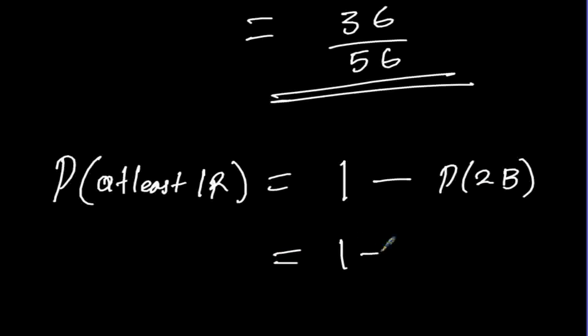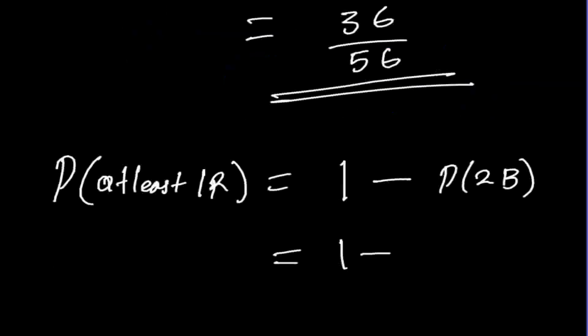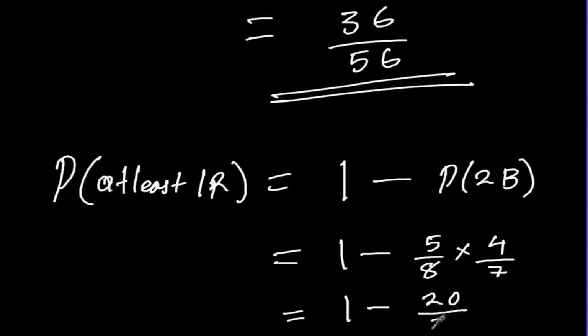And that will be 1 minus 2 blue, which is 5 out of 8 times 4 out of 7. So that is 1 minus 20 out of 56.